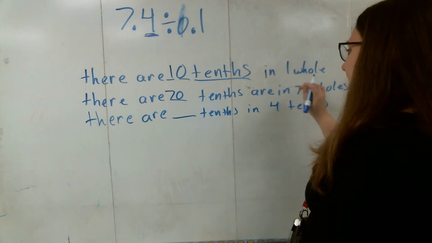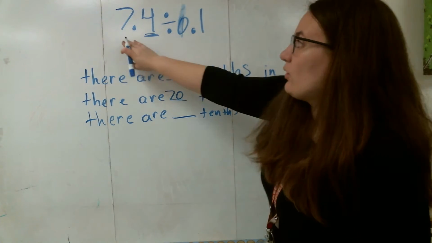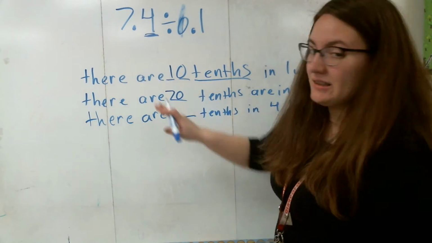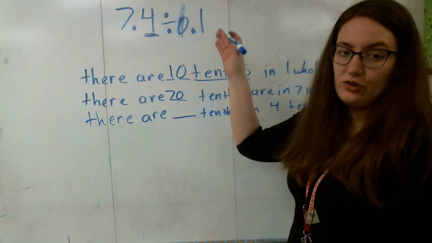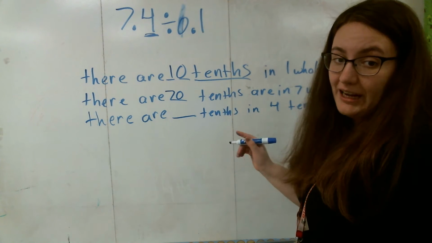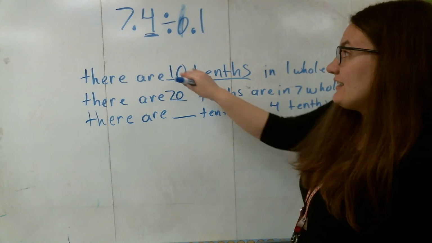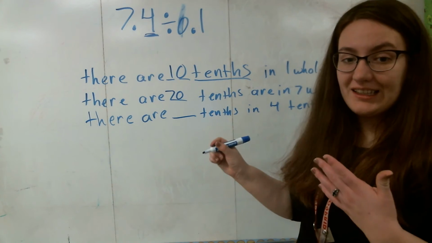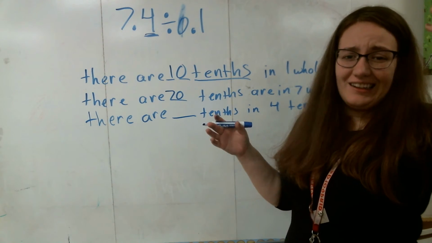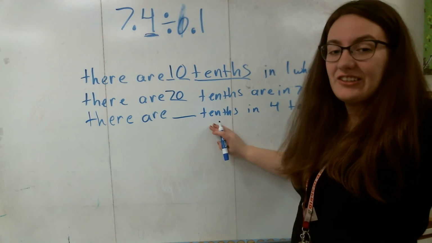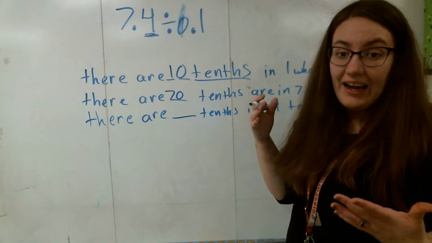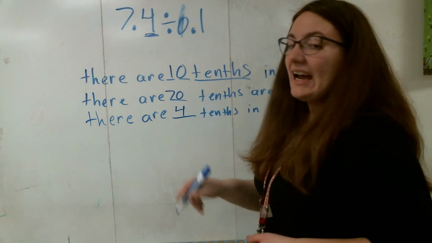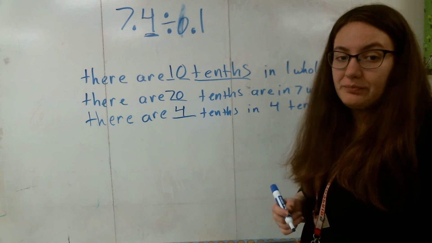So we got 7 wholes and 4 tenths, and we're just taking those units and figuring out how many tenths are in those units, because that is what we are dividing by. So there are 70 tenths in 7 wholes, but with 4 tenths, you might get tripped up. But it's actually really simple, because in 4 tenths, I just have 4 tenths. And that's all I have to do for that part.